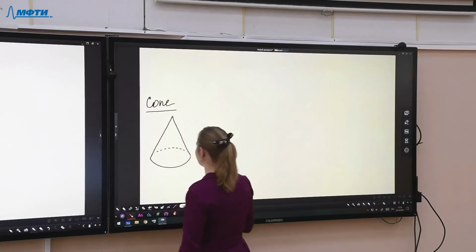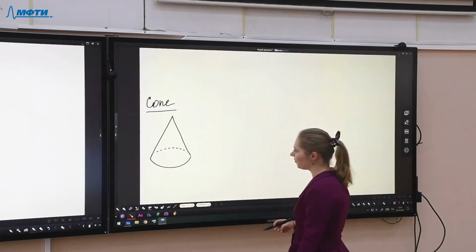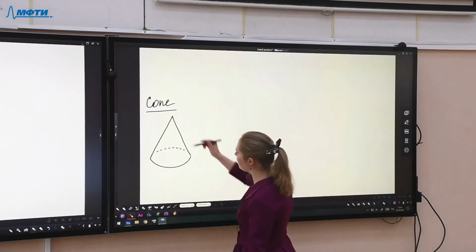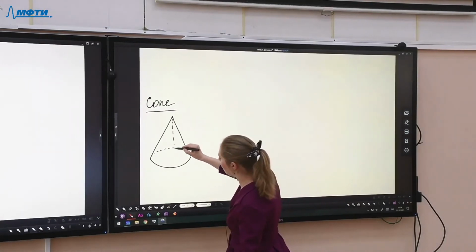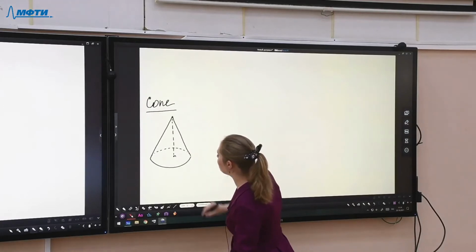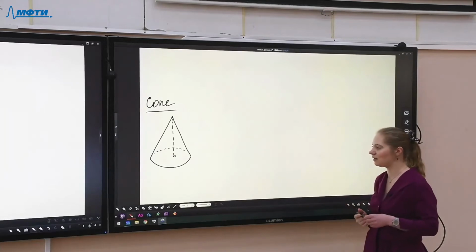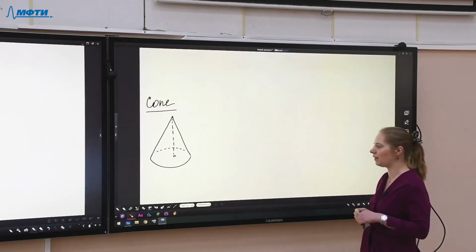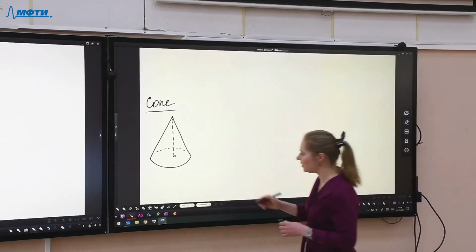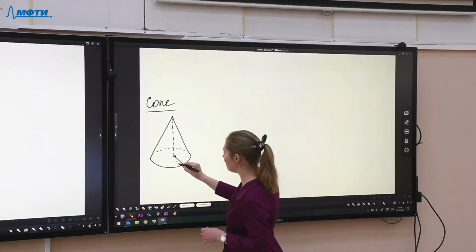Like this. So this is a cone. And if we drop a perpendicular from a vertex to a base, and the foot of this perpendicular is the center of this circle, we can say that we are working with a right cone. Otherwise, it is not a right cone.